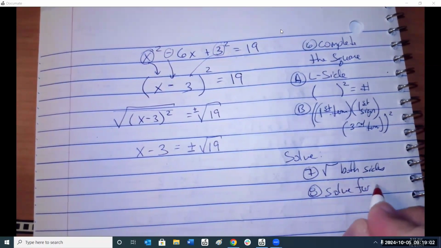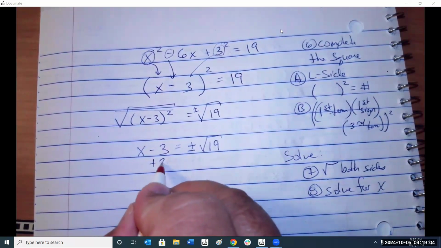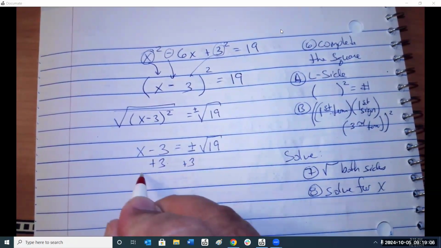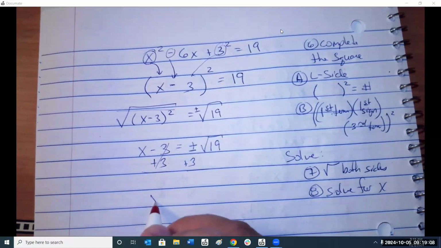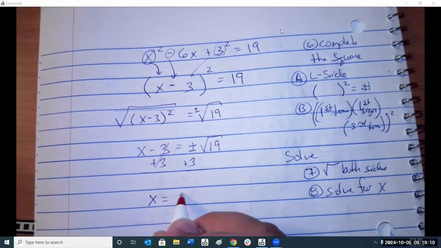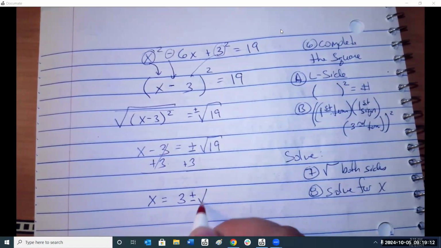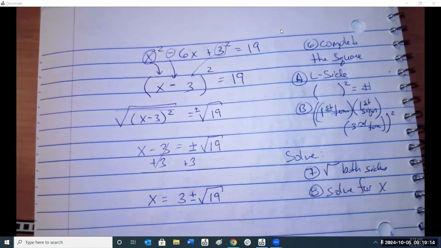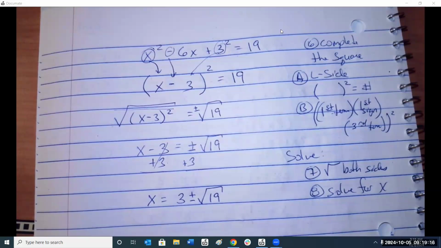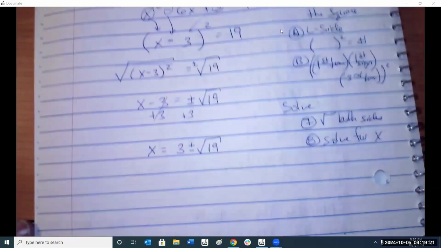And solve for x. Add 3 to both sides. So x is equal to 3 plus or minus the square root of 19. Those are our two solutions.